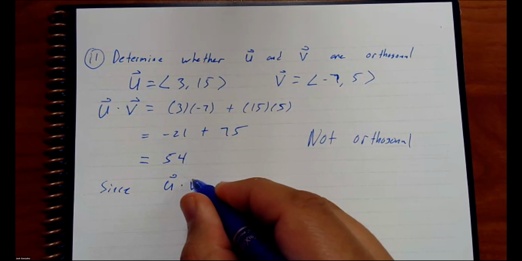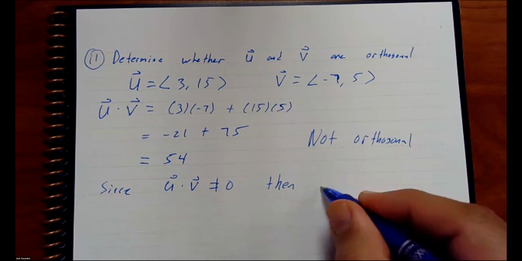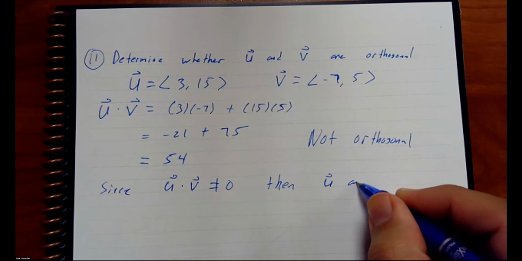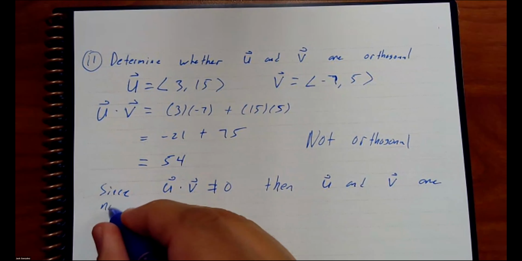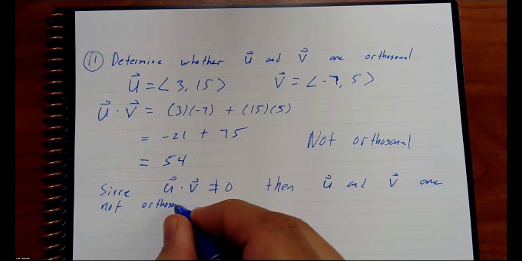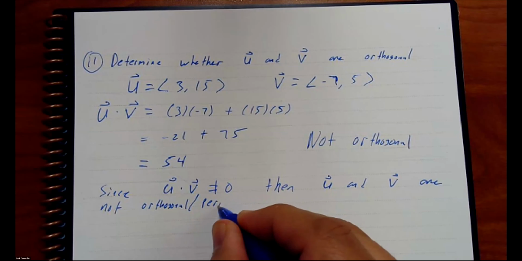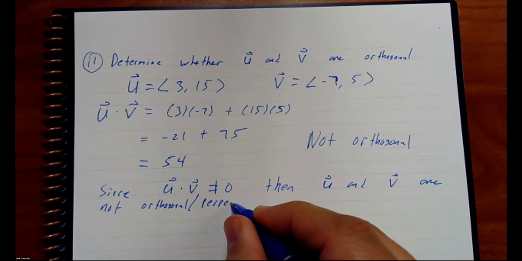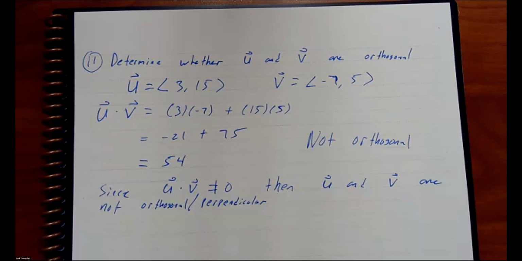Since u dot v is not equal to 0, then u and v are not orthogonal slash perpendicular. That's just a synonym, right?